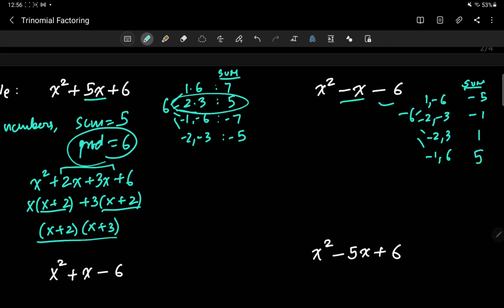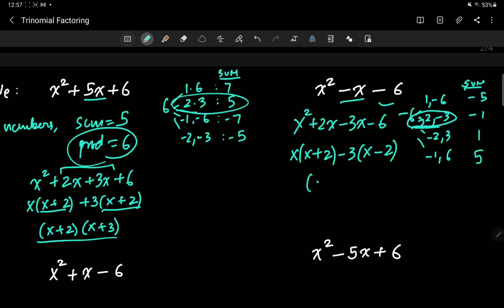I'm looking for a sum of negative 1, so my combination is 2 and negative 3. I write this as x squared plus 2x minus 3x minus 6. Then the GCF factoring, with x plus 2 as the common factor, gives me x minus 3 and x plus 2.